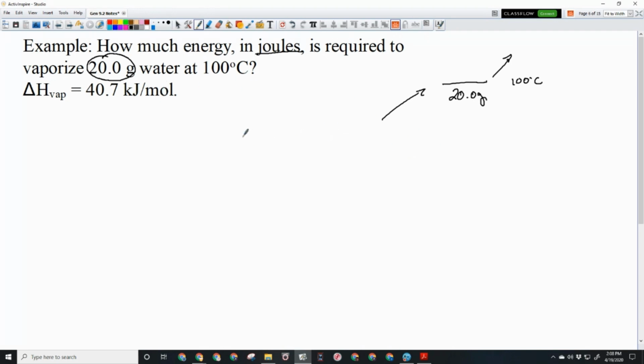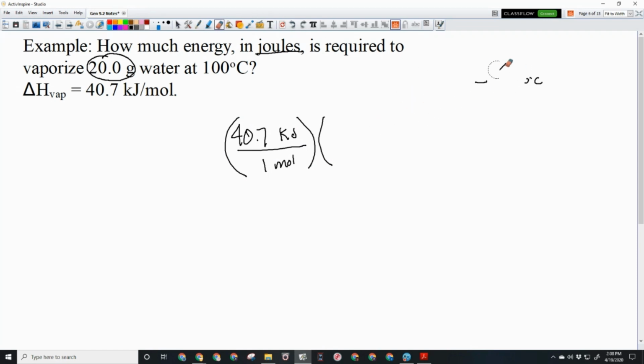So we're going to take our delta H, which is 40.7 kilojoules per 1 mole. We have to multiply it by moles, because this is in moles, but we're given 20 grams. So that tells me I'm going to have to do a conversion.